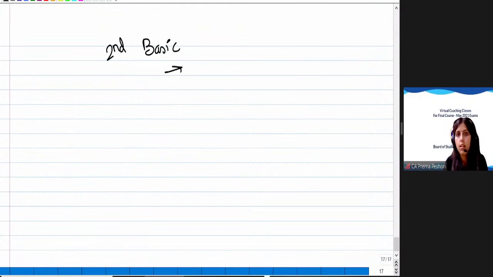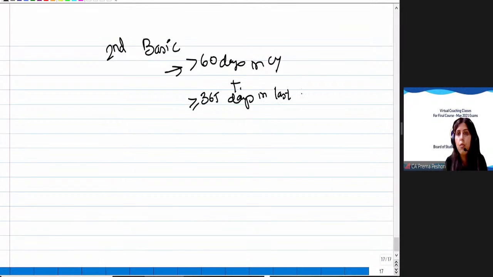Those who have given the wrong answer applied greater than 60 days in the current year and 365 days in the last 4 previous years.